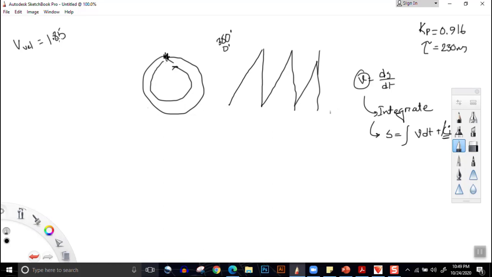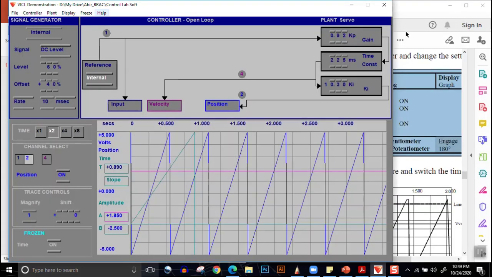Now we need to find the integrator gain. In order to find that, we first choose A and take it to a position of minus 4 volts, and we choose B and take it to the position of plus 4 volts.